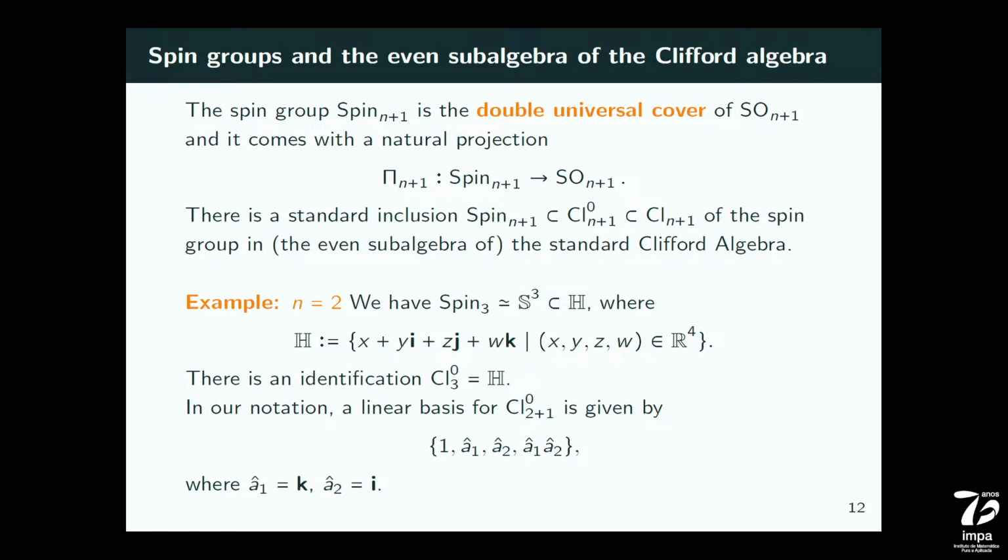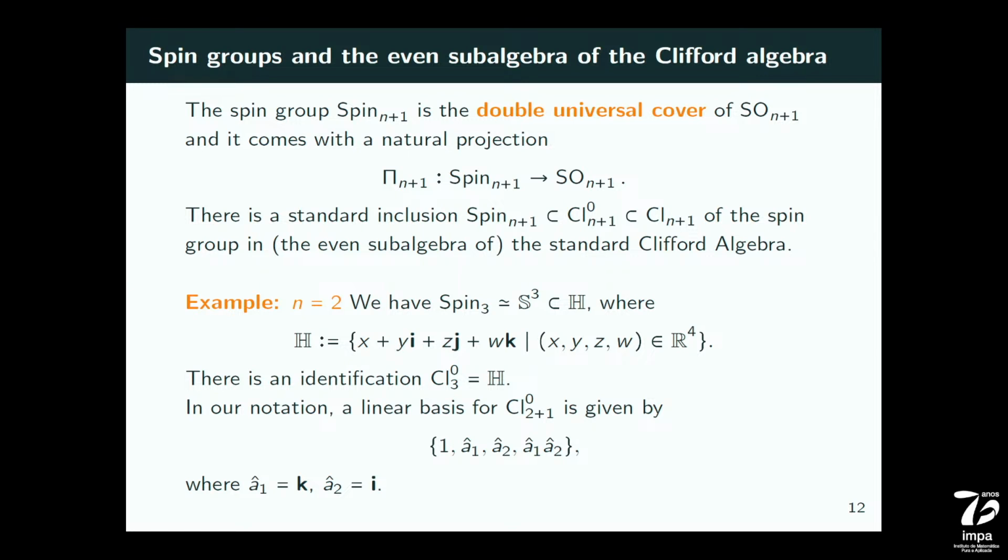For things to get more clear about what you are doing, let's come back to n equals 2. Spin 3 is the 3-sphere, and the quaternions are this Clifford algebra, okay? So in our notation, we will denote by hat A1, hat A2. This hat is to remember that we are working with the generators of the Coxeter group, okay?